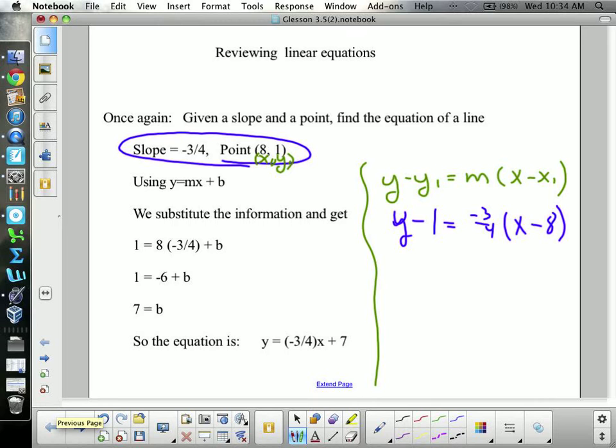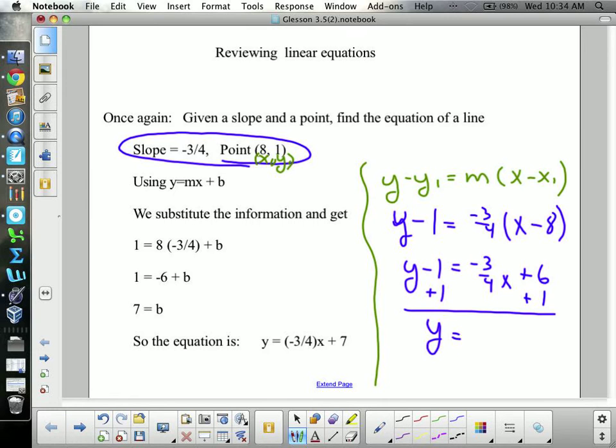Then we do two things. I distribute. Negative 3/4 times negative 8 is plus 6. And then we simply solve for y. So y equals negative 3/4 x plus 7.